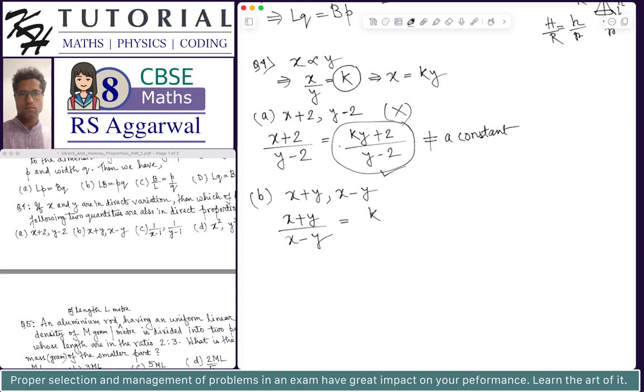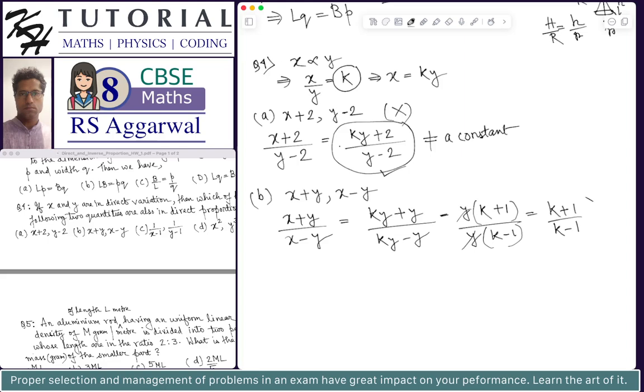So I have (ky + y)/(ky - y). Now from both the numerator and the denominator I can take y as common. So we have y(k + 1)/(y(k - 1)). So y cancels out. This is equal to (k + 1)/(k - 1).